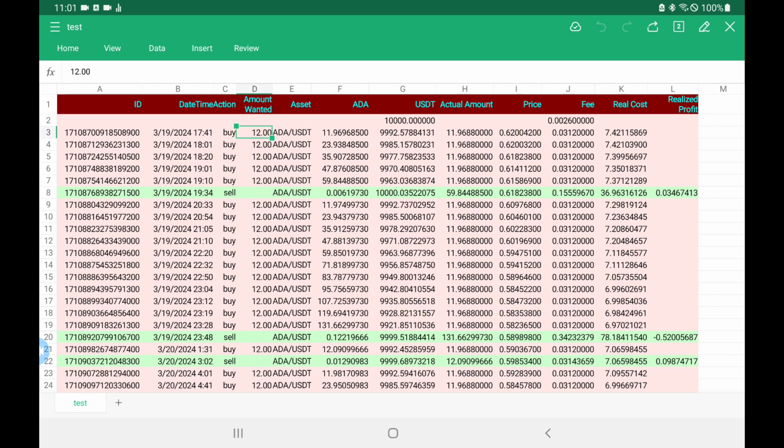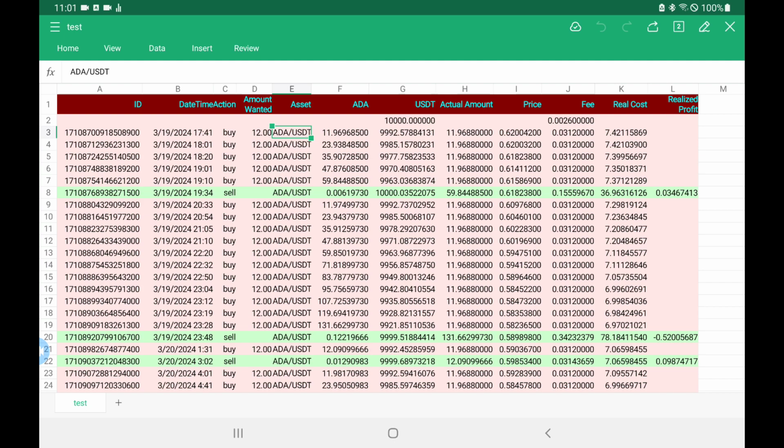What is not tracked is the actual amount you want when you place your order. In this case, for the purposes of this demonstration, I want to purchase 12 ADA. It is important to understand that in my currency pair, I am purchasing the base side, but paying with the quote side.